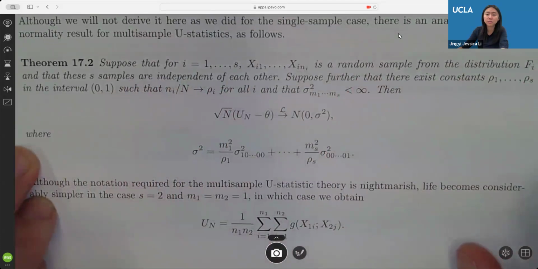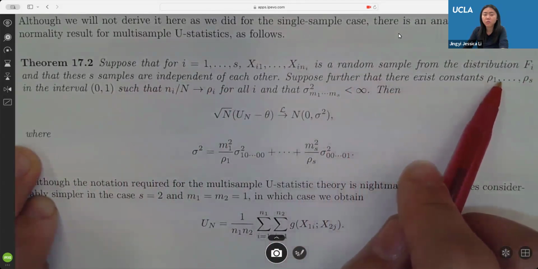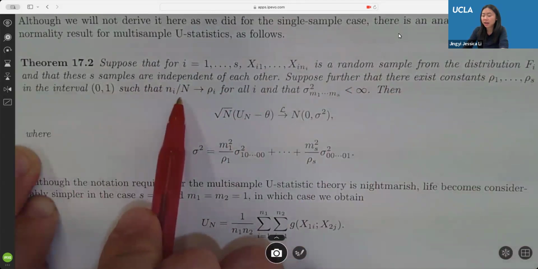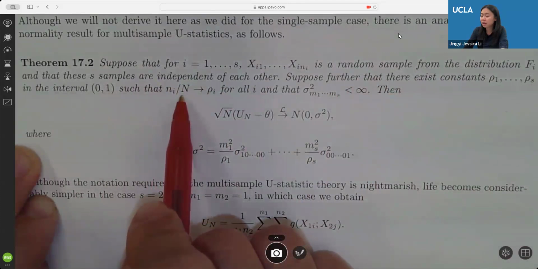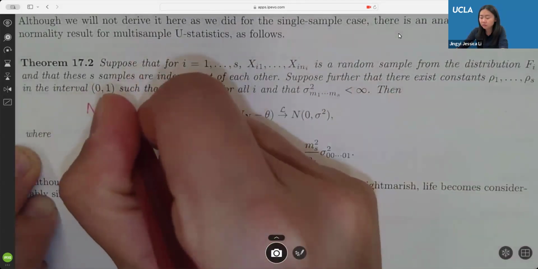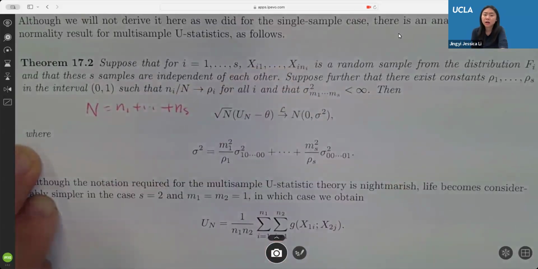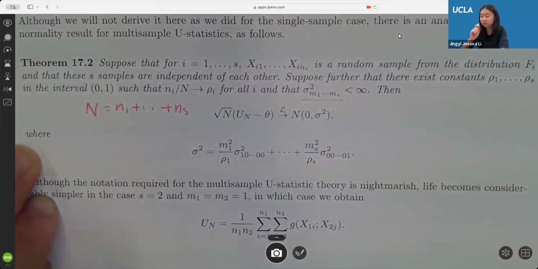Suppose further that there exist constants rho 1 to rho S in the interval 0 to 1, such that ni over N, where big N is equal to N1 plus N2 plus up to NS, the total sum, converges to a proportion rho i for all i, and that this sigma m1 to ms squared is finite.